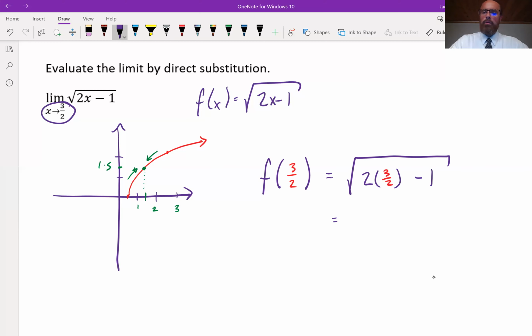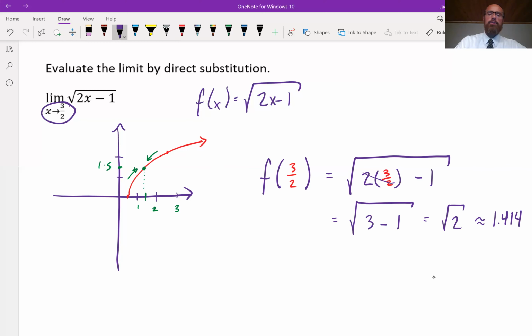And we'll simplify that. So our 2's will cancel, 2 divided by 2 is 1. So that becomes the square root of 3 minus 1, which is the square root of 2. So our estimate was okay. Keep in mind, square root of 2 is about 1.414. So our estimate of 1.5 was roughly good.